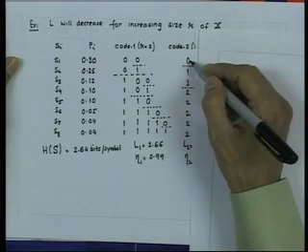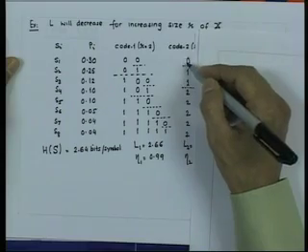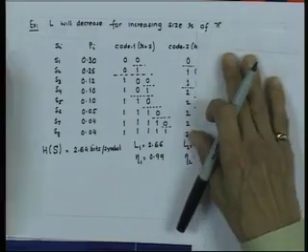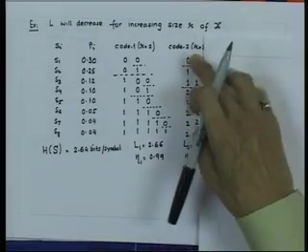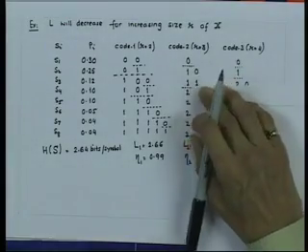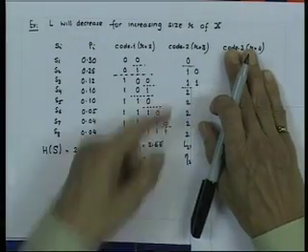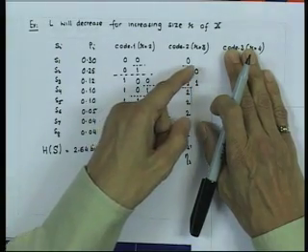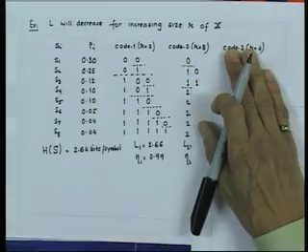Now you move to this group, I do not have anything to do, so I do not have to assign anything. When I move to this group there are only 2 source symbols, so I assign 0 and 1 to this.